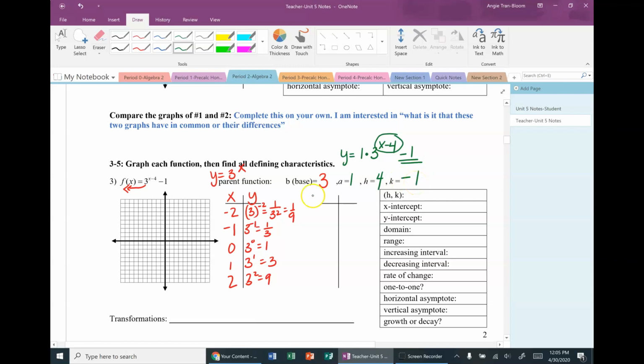Since we don't have any A value, we just have the transformation of right 4 units, so we add 4, and down 1 unit, so we subtract 1.